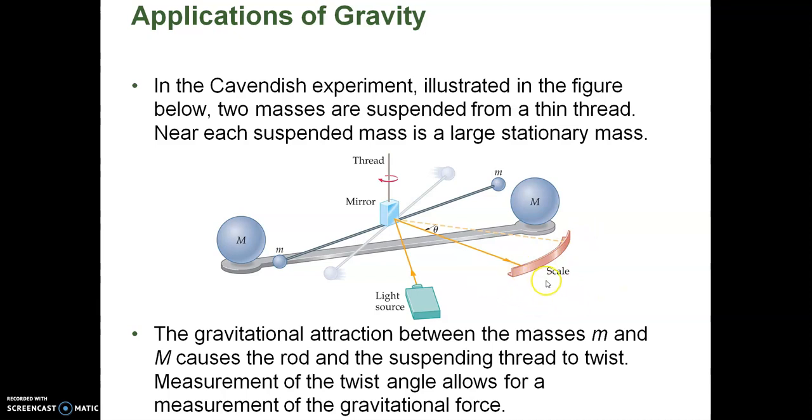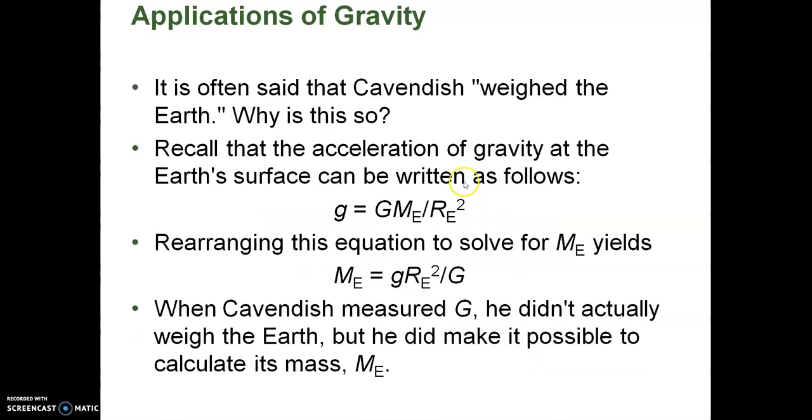By measuring the force, he could plug into G m1 m2 over r squared and calculate what G must have been. And so he found capital G. They often say he weighed the Earth, because they didn't know the mass of the Earth back then. But if you know the value of capital G, you could plug all this in, knowing 9.81, and calculate the mass of the Earth, kind of backwards from what we did on the previous slide.